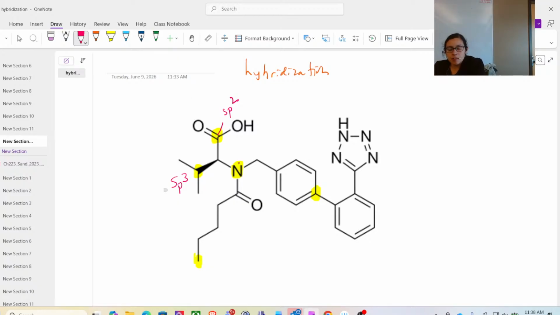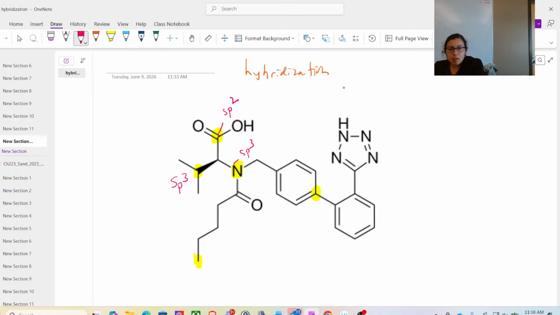What about this nitrogen? That's a good guess. I'd probably go SP3 though, just because of the lone pair.